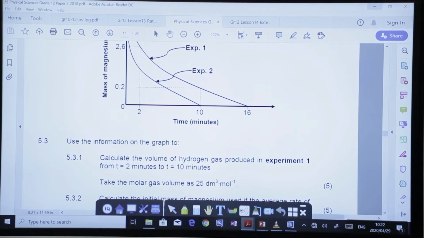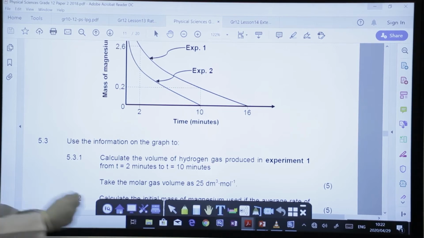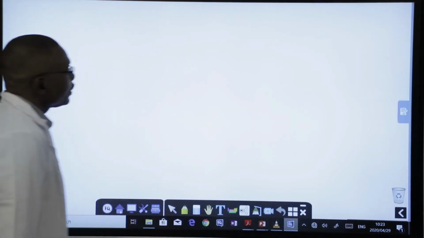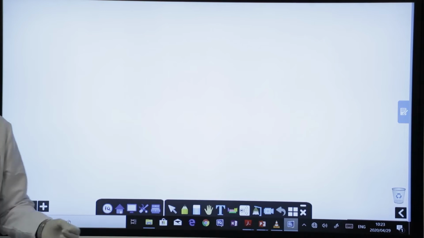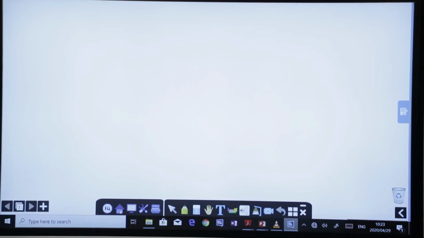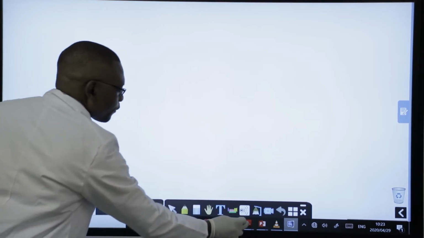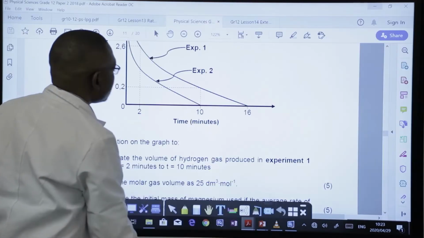You are expected to know how to carry out a few mathematical calculations here, which will enable you to understand what's happening. The calculations are simple and straightforward. You can extrapolate the information from the graph here.